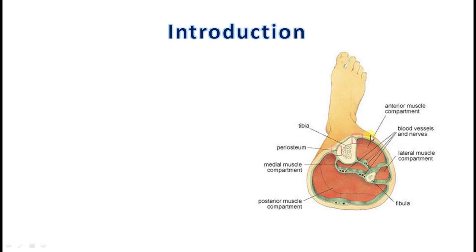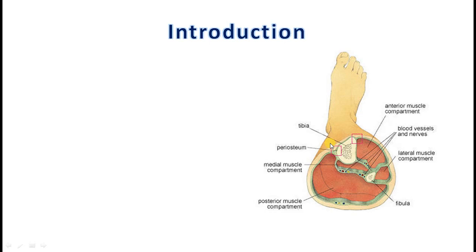Externally it is surrounded by the skin. Then deep to the skin you have the superficial fascia. The superficial fascia contains a variable amount of fat, mainly in the posterior part and to some extent in the anterolateral part.